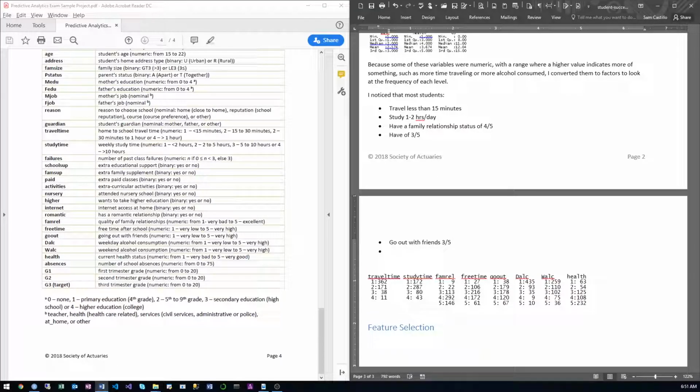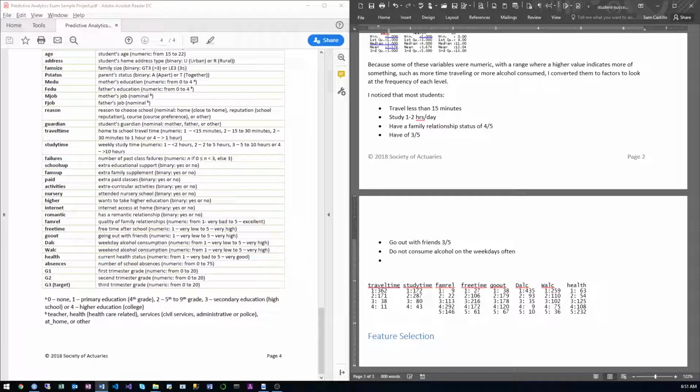I don't know. Dalc is weekday alcohol consumption. 1 is very low, 5 is very high. So most do not consume alcohol on the weekday, and consume alcohol most often on the weekends.